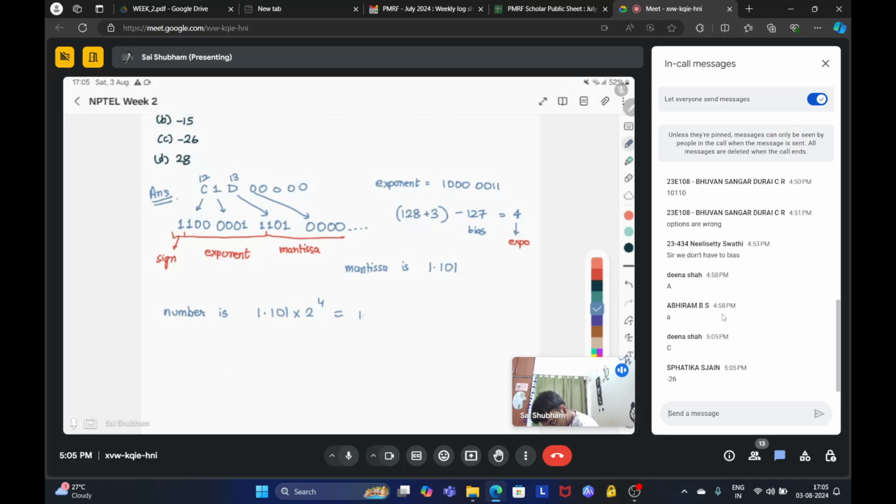This is 11010, which is 26. And we have the sign as 1, which means a negative number. So the answer is minus 26. Option C. Okay.